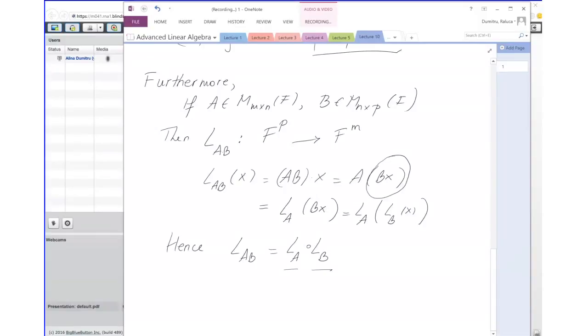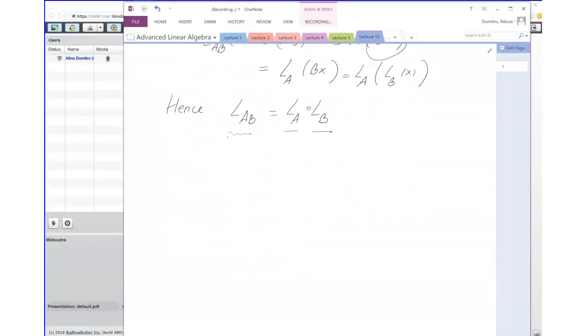The matrix of one was A, the matrix of the other was B, and we got a linear transformation still, whose matrix is A times B, correct? That's something we're going to show in general. If you give me two arbitrary linear transformations, not of this type L sub A or anything, say T and U, and we can compose them, then the composite function will still be a linear transformation, and its matrix will be the product of the matrices of T and U. So this is what we'll do next.